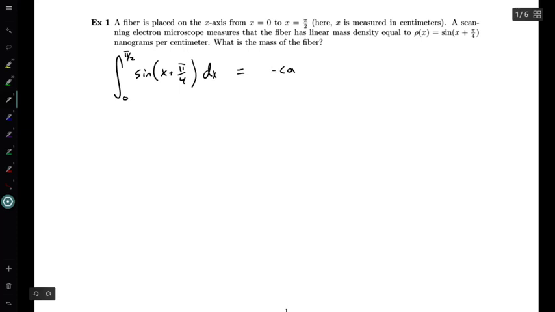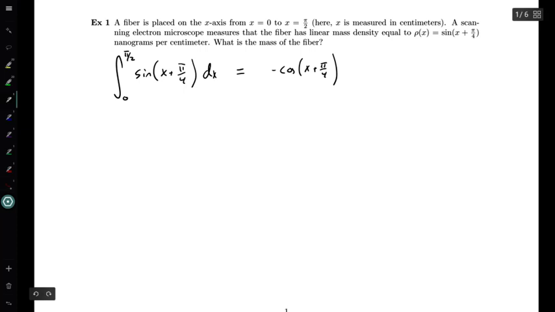We know that this is going to be minus cosine of x plus pi over 4. If you want to use a u substitution, you could use u equals x plus pi over 4, or you could notice that if you took the derivative of this minus cosine of x plus pi over 4, the inside function here has derivative 1, so it doesn't actually produce any additional factors when taking the derivative.